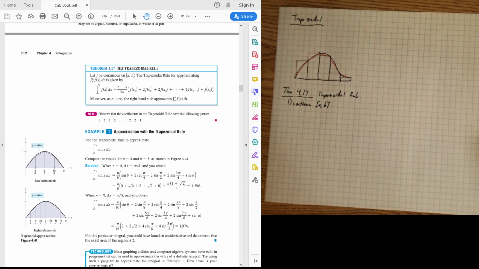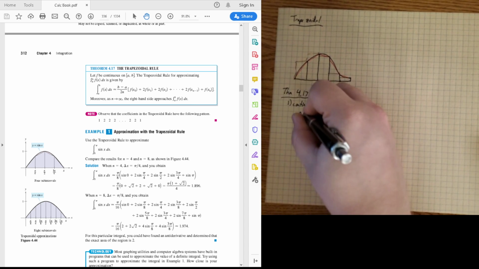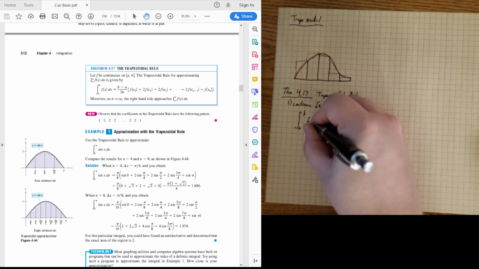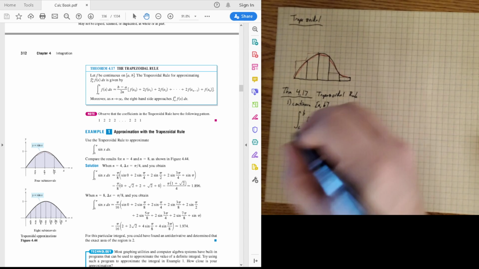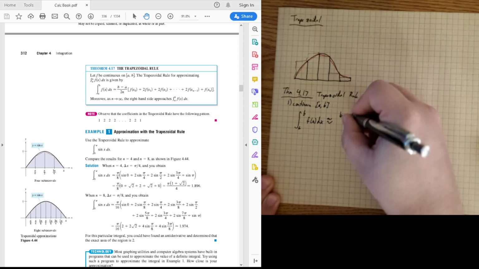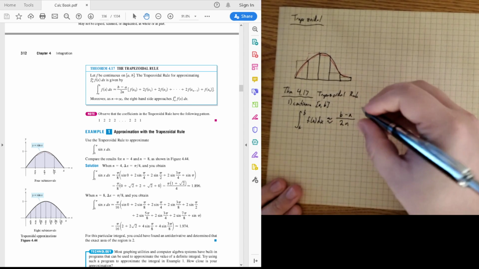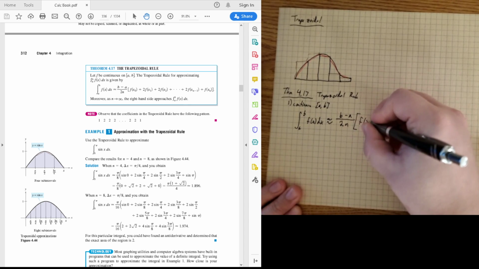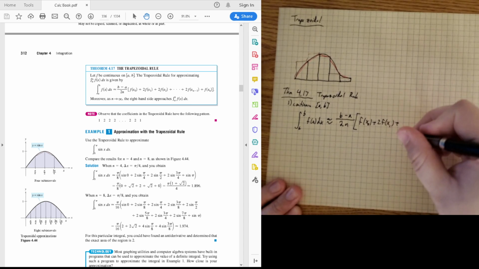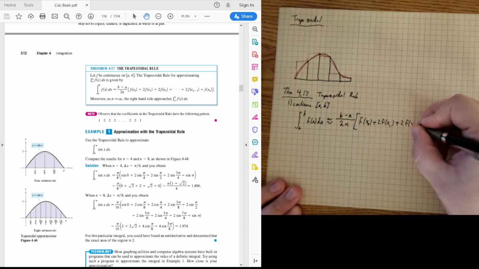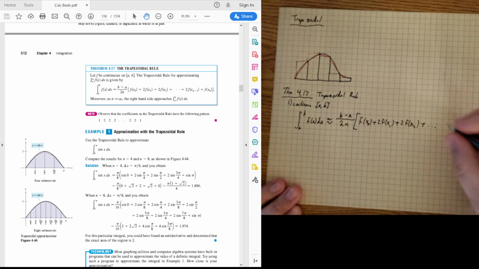Okay? Now, what it states is, if you have the integral from a to b of the function f of x dx, it is going to be roughly equivalent to this formula. (b minus a) over 2n times f of x sub 0 plus 2 f of x sub 1 plus 2 f of x sub 2 plus, continuing until you get to the last two, 2 f of x sub n minus 1 plus f of x sub n.